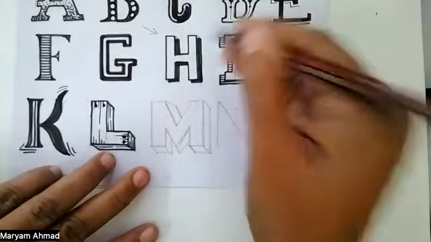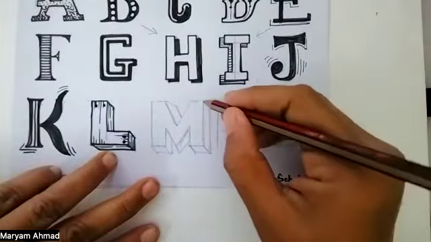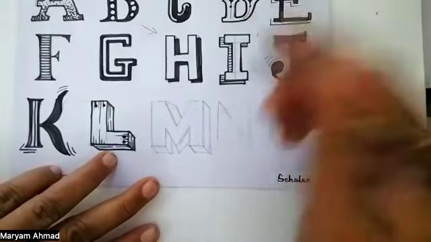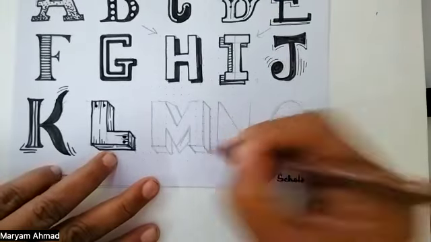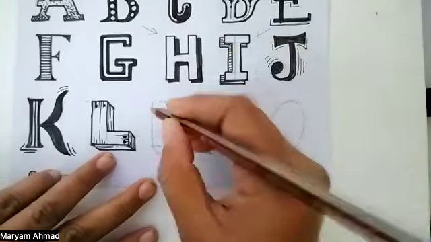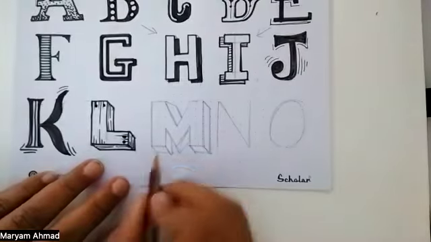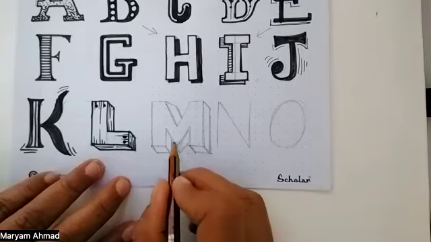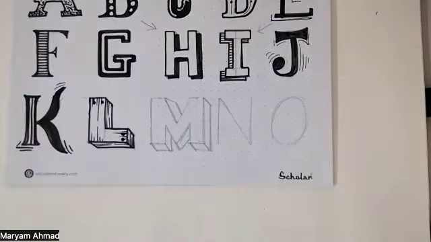Okay, so the same thing, the same concept of a shadow, but then you are joining that shadow. It's not disjointed. It is the same part of the alphabet. And you make it like it's like a block of wood. Okay.